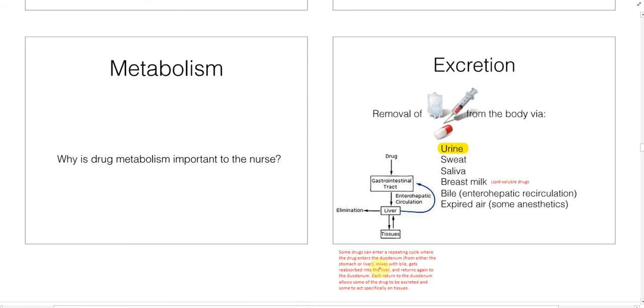The reason is because it mixes with bile and gets reabsorbed into the liver and returns again to the duodenum. And so each loop that occurs allows some of the drug to be excreted and some to act specifically on tissues.